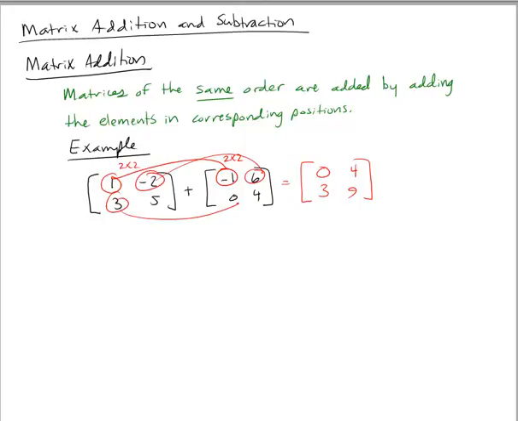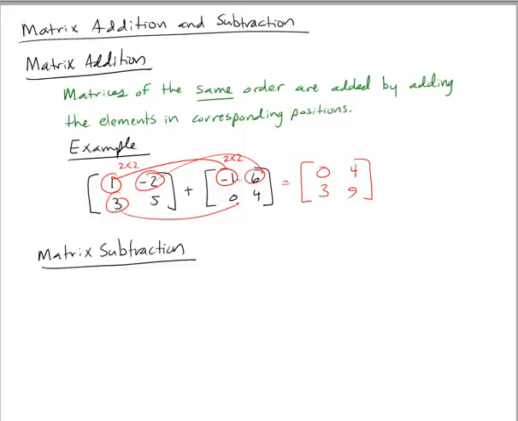Now, matrix subtraction is identical to matrix addition, with the only difference being that when you subtract matrices, they have to be of the same order as usual, but then we subtract the corresponding elements. Of course, when you're adding two matrices, order doesn't matter because the corresponding elements will add the same.